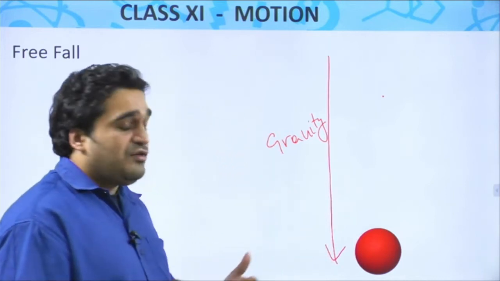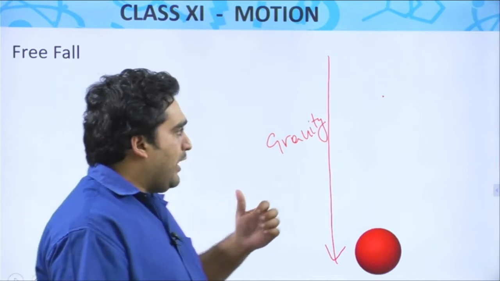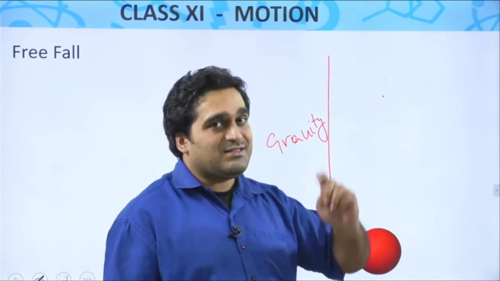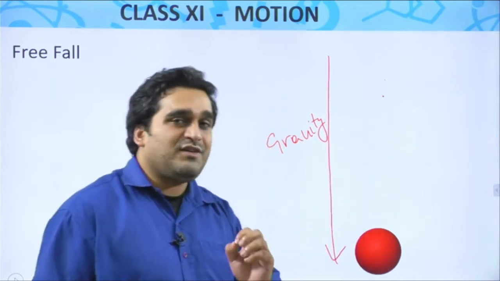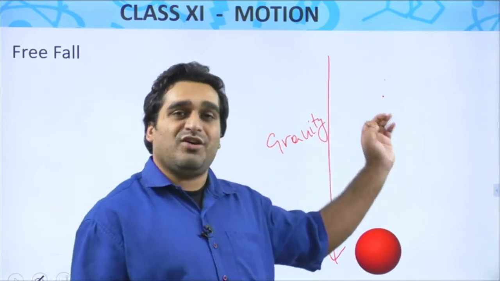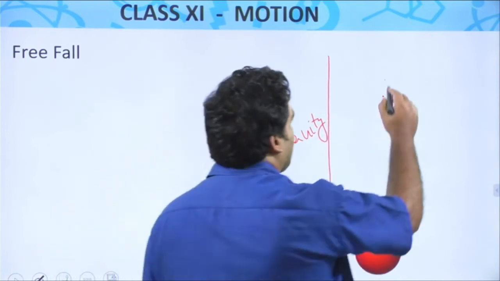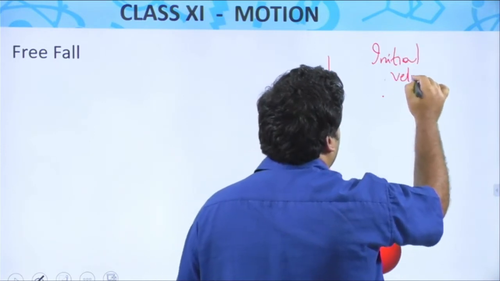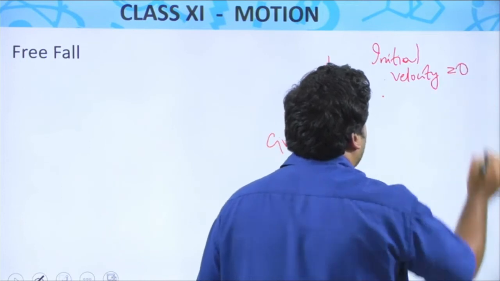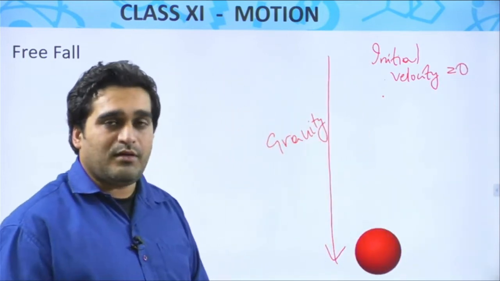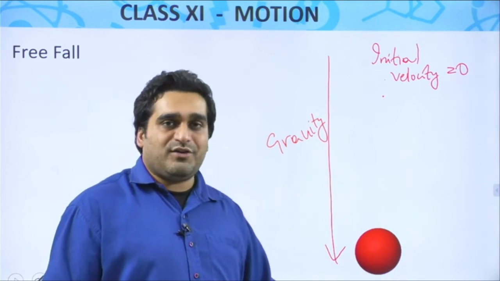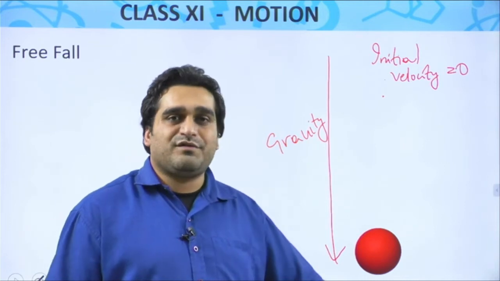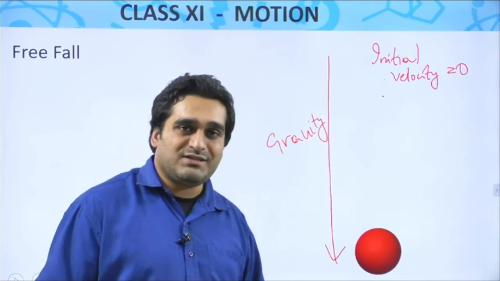Now, while they fall to the ground, an object which is initially dropped has velocity 0. So we can confidently say that the initial velocity of the ball is 0. What about its final velocity? As this ball was dropped, was it 0?